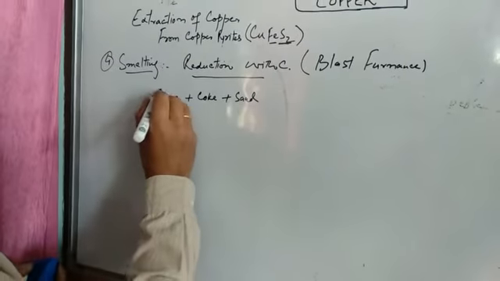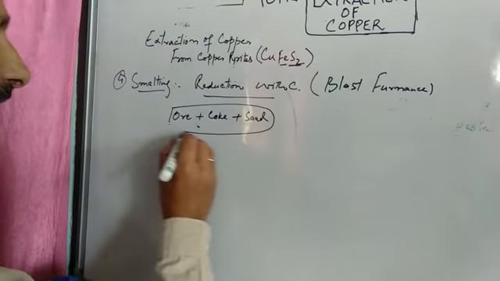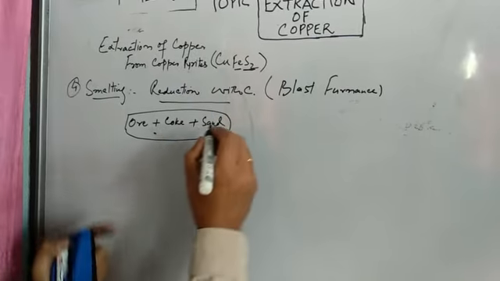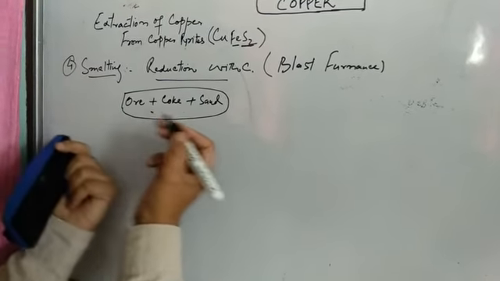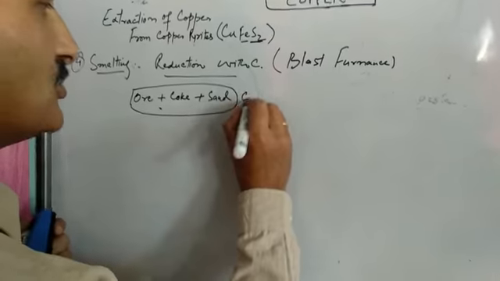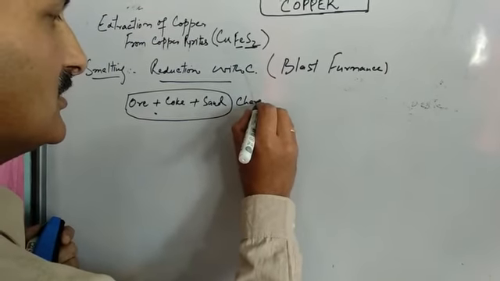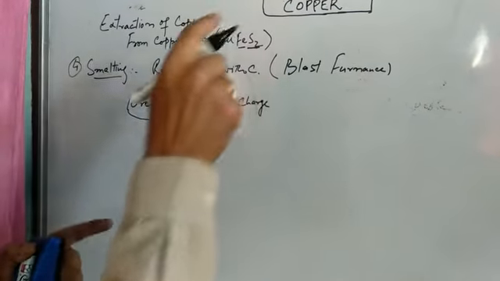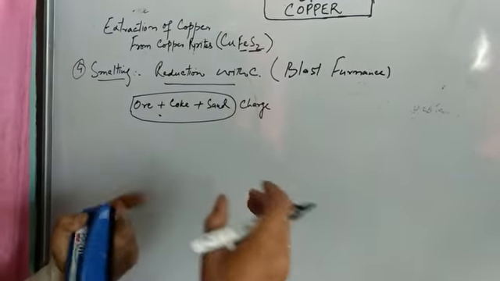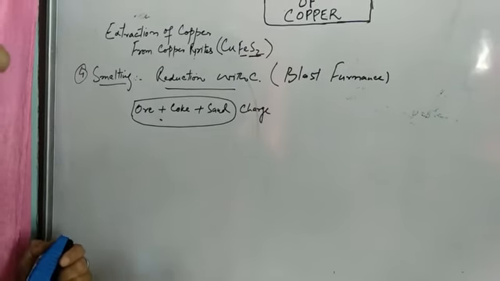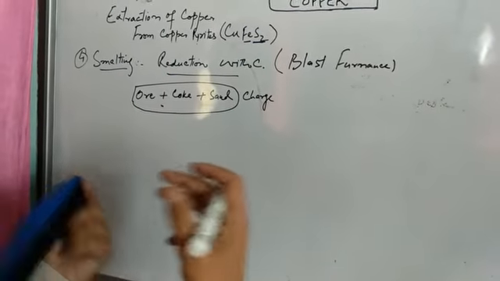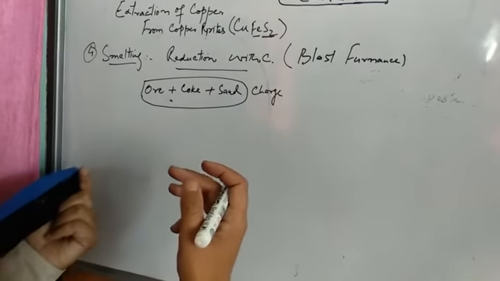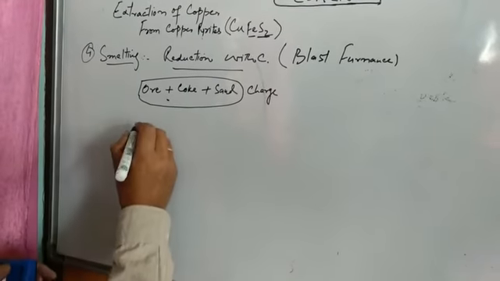These three are taken together, the mixture of ore, coke and sand. This is known as charge. This charge is put in blast furnace, and then strong hot air is passed through the furnace, and during that process certain reactions take place. What reactions are those? Like this.